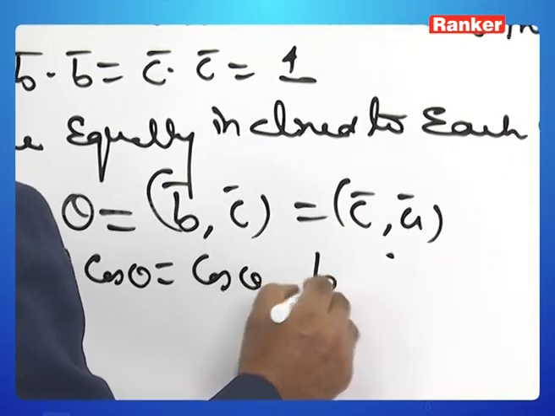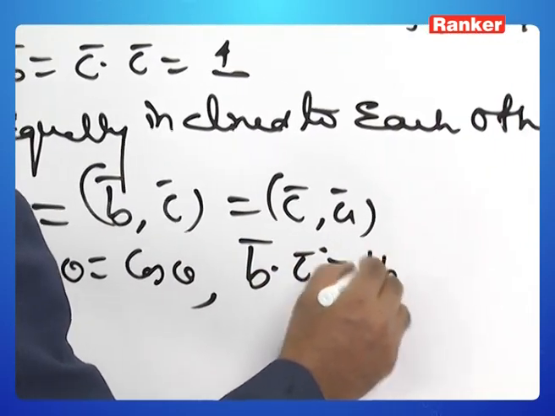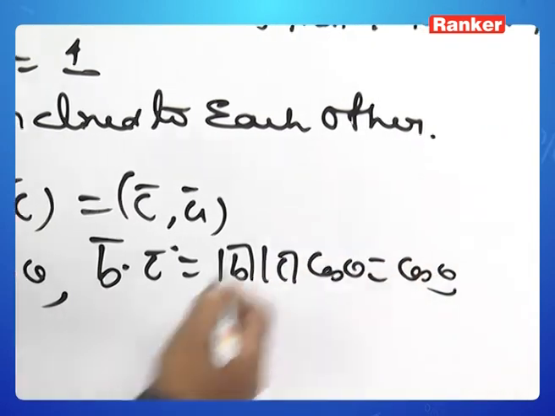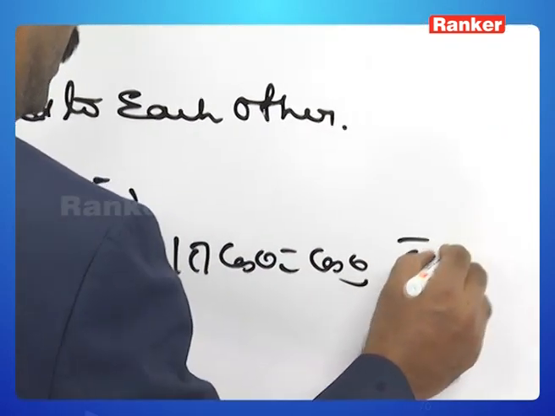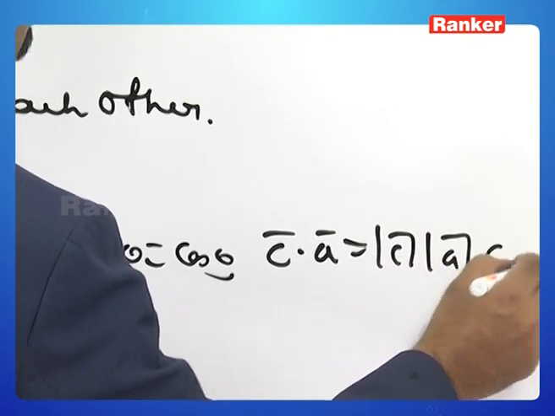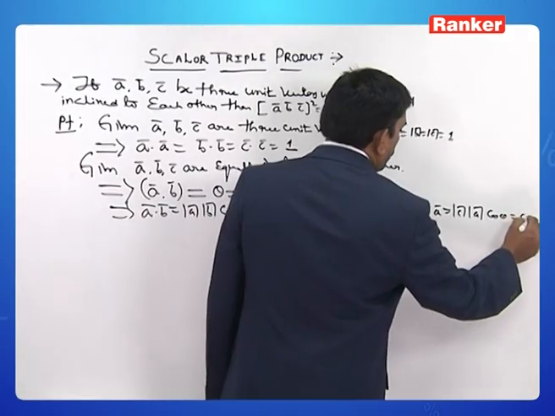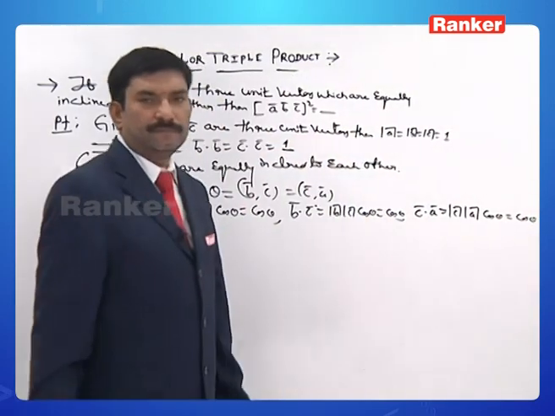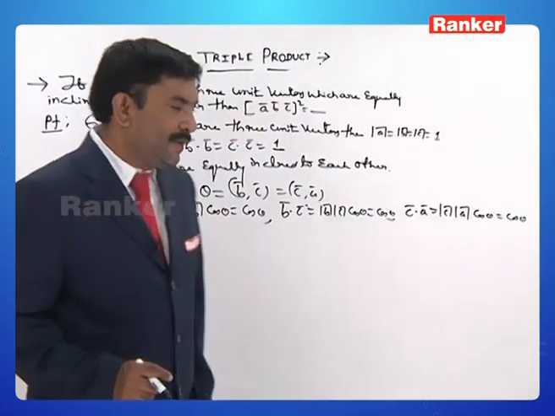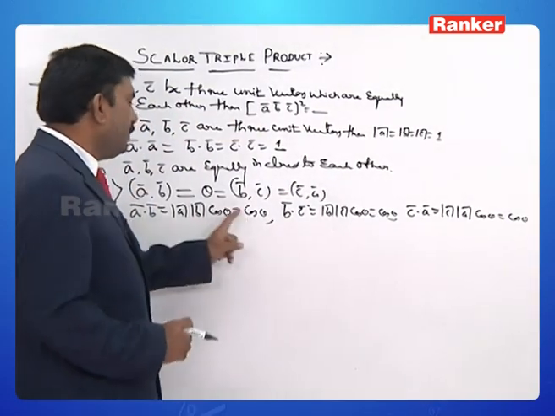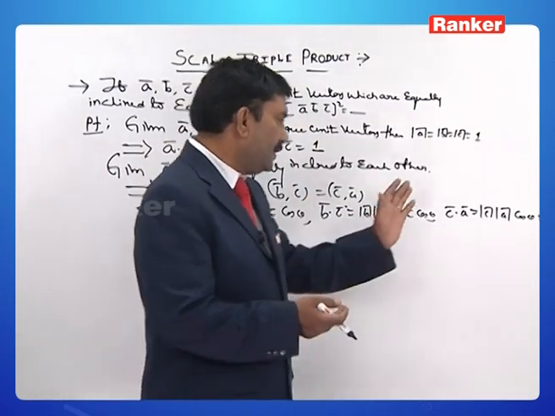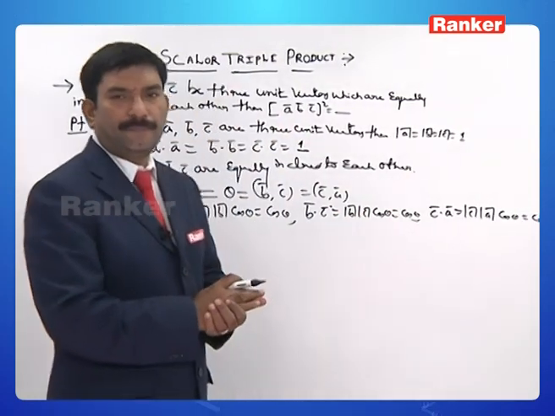Similarly, B dot C is cos theta and C dot A is cos theta.